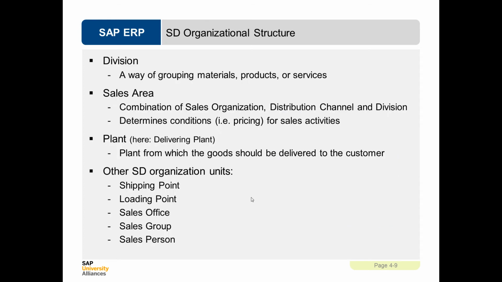The other way that we look at the marketing area is through division and sales area. And this enables us to segment our products so that we are able to look at, for example, a particular product and how well that one is selling. In the case of Global Bike, we have two types of products.